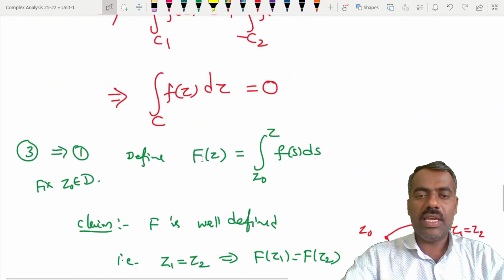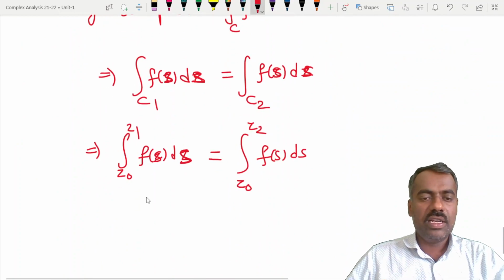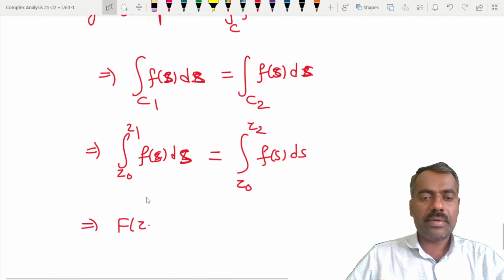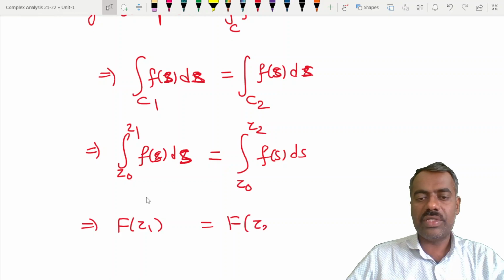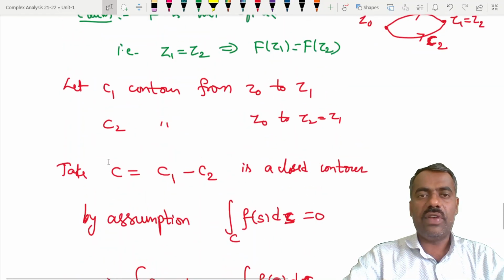By definition, Z0 to Z1 gives F(Z1), and this gives F(Z). Therefore, F is well defined.